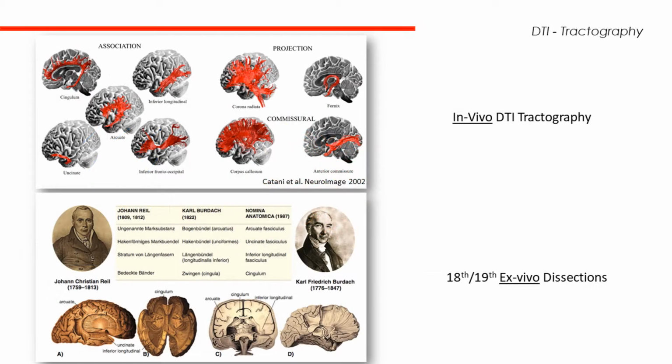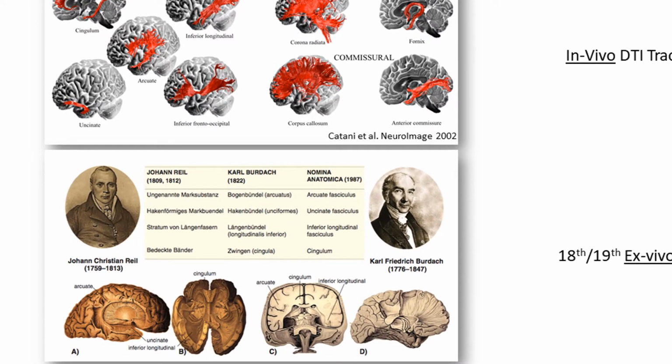Just to give an example, with normal DTI tractography we can reconstruct the major white matter tracts like projection systems, commissural and associative tracts. And these tracts, in a way, are what we were able to see in the past with post-mortem dissection. So before we had to open a brain and look inside. Now we can do exactly the same thing with diffusion MRI.